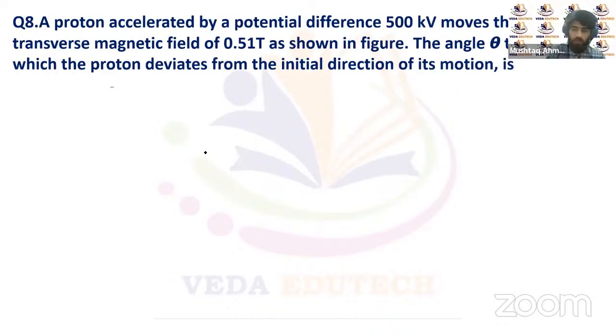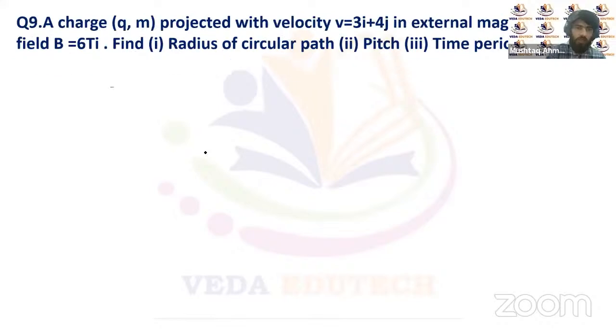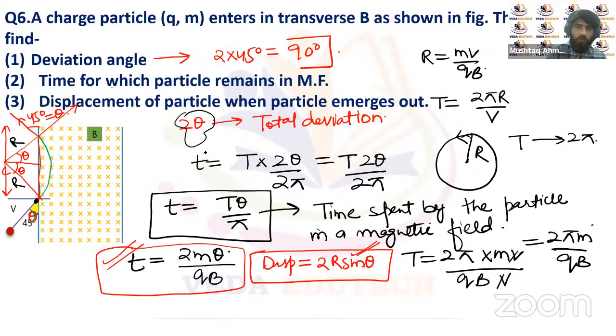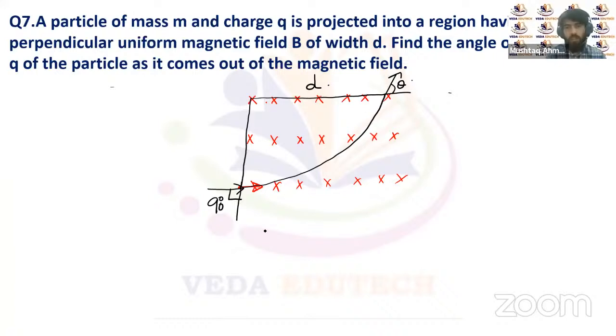And we know the net deviation for the particle to leave the magnetic field is actually twice theta, right? That means that at some angle, this particle must be leaving this magnetic field, if 90 degrees is the angle at which the particle is actually entering this magnetic field, right?